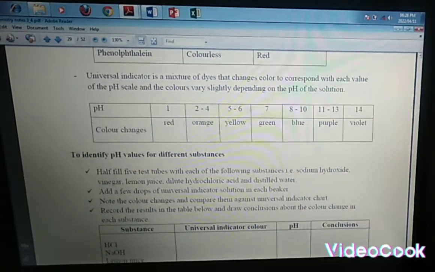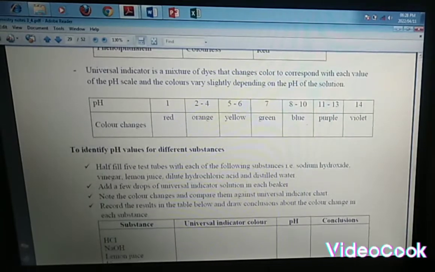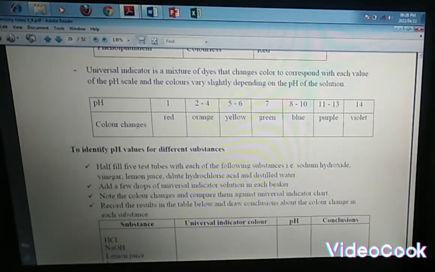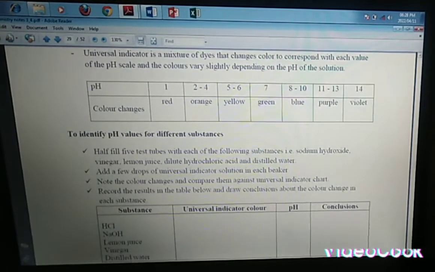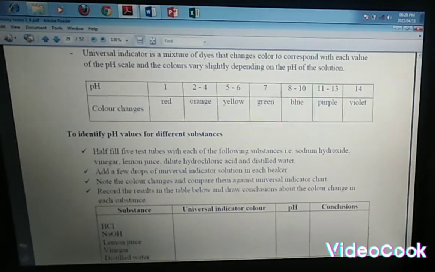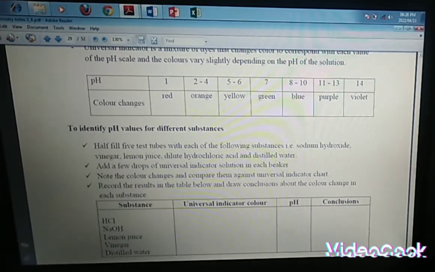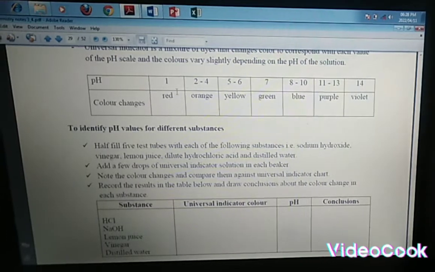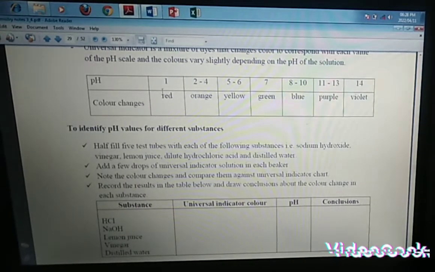So this one is just a mixture of dyes that changes color to correspond with each value of the pH scale. And these colors vary slightly depending on the pH of the solution. Whenever you see red, just know that the pH is around 1 and it's a very strong acid.